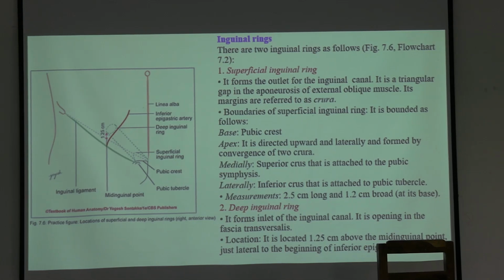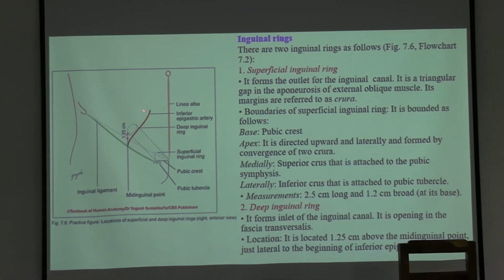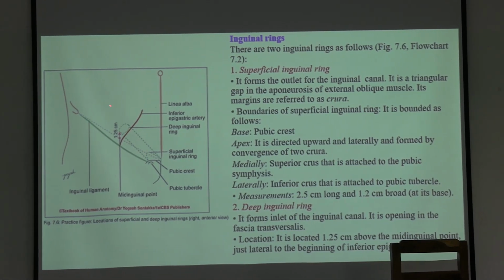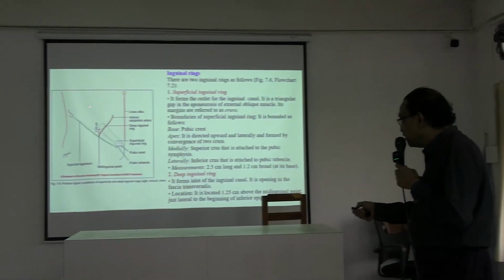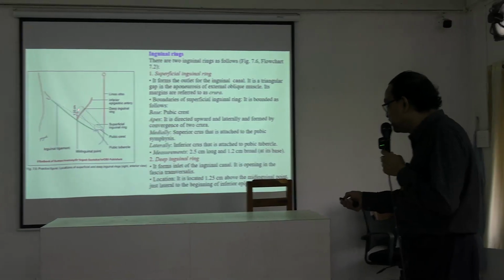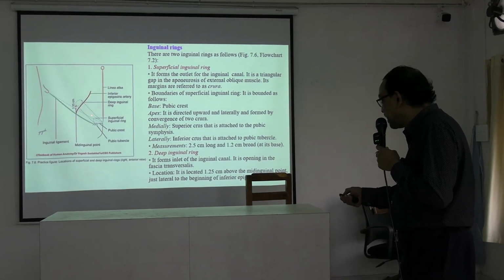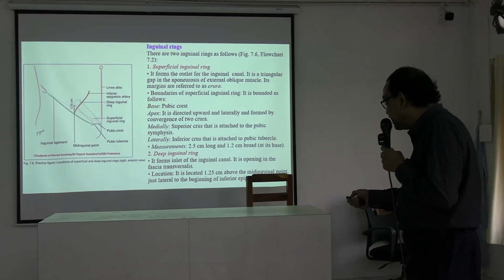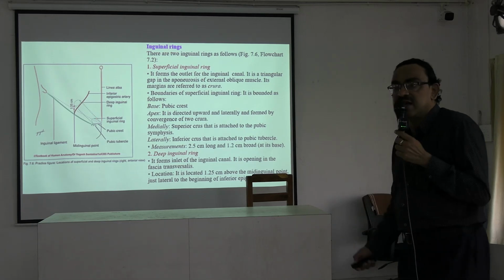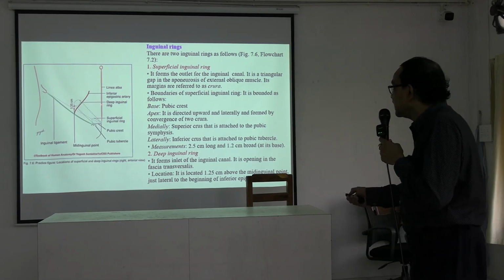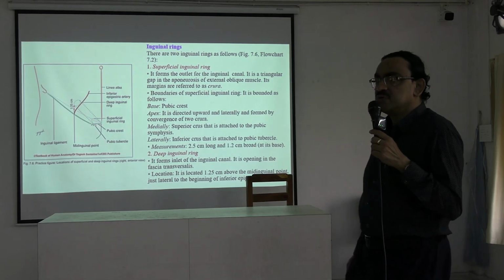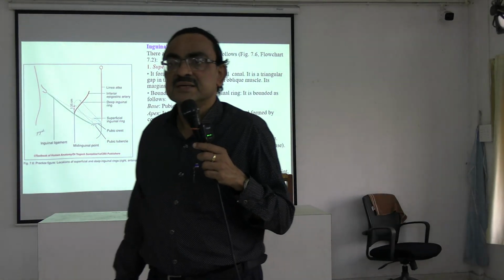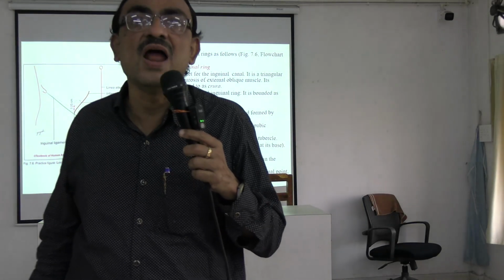And those weak points are, this is the deep ring, this is the superficial ring, or through the anterior abdominal wall. So, any viscera may come through this ring, it can travel this inguinal canal, it can come out through the superficial ring, or it can come out directly from the anterior abdominal wall and it can enter into the superficial ring. So that protrusion is called hernia.